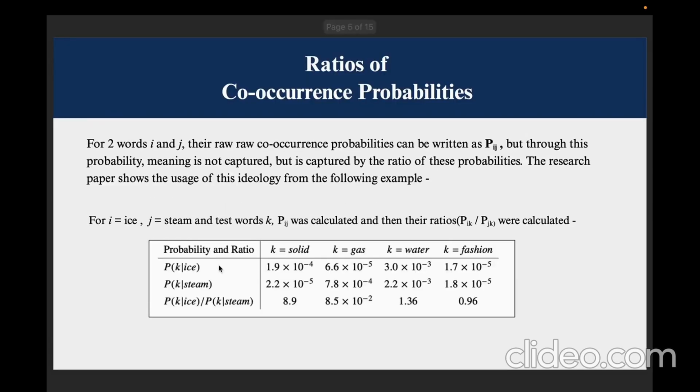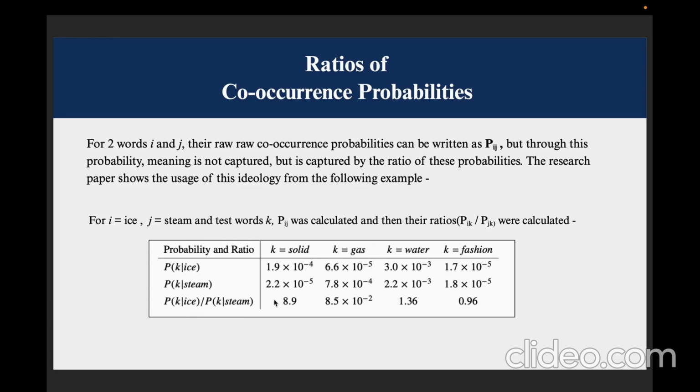Verifying this from the example, when P(k given ice) and P(k given steam) were put in a ratio and k was equal to solid, the ratio was higher than 1, which means that ice is related to solid more than it is related to steam, which is logically verified.